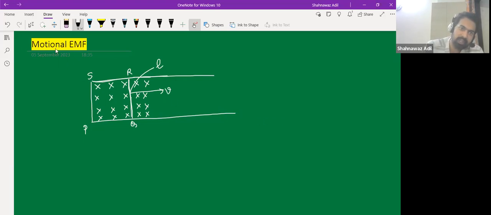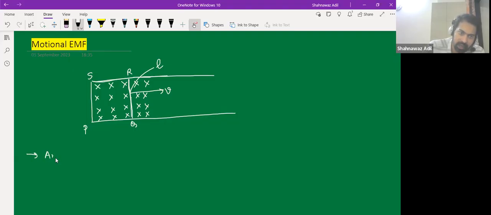Okay, so this motional EMF says that whenever you move this conducting wire, an EMF will be generated, right? And that EMF is generated due to this movement of the wire. So that is why it is called a motional EMF, right?